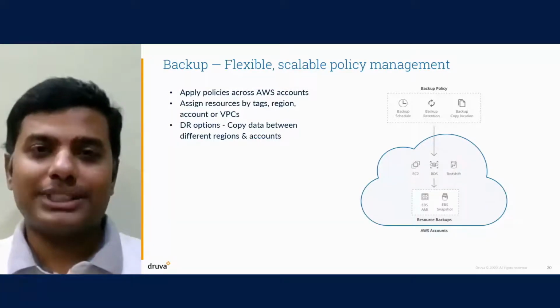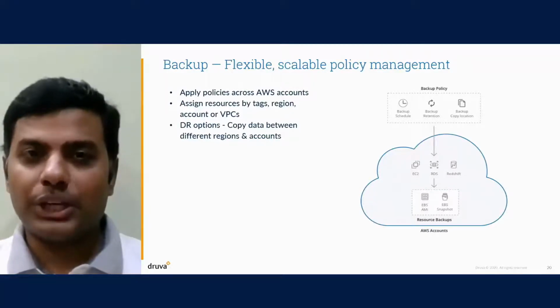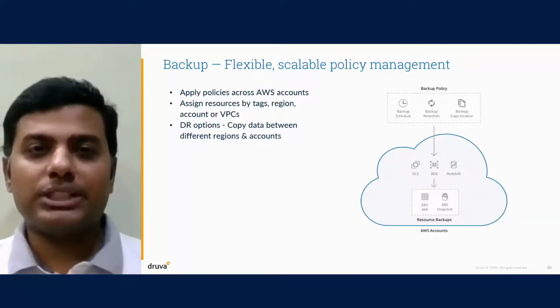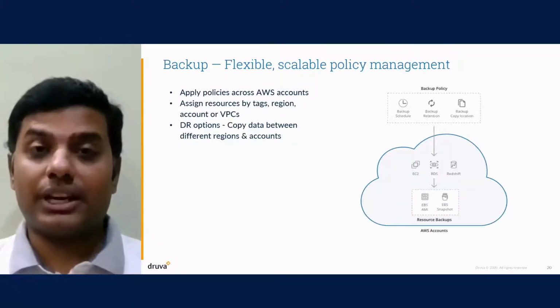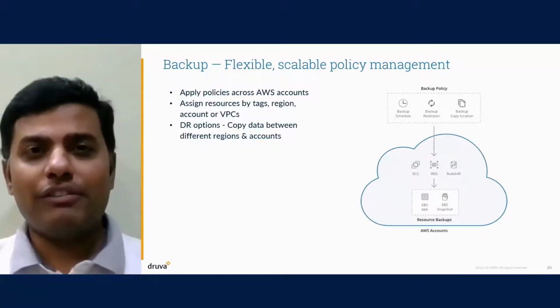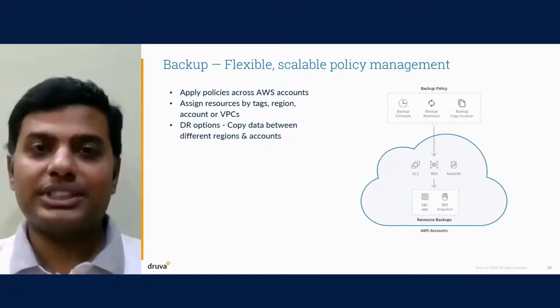Sitting along with this policy is the ability to pick your resources. We provide a unified way in which you can do that, where you can use a rule-based approach to say, protect all my AWS accounts that I have. I'm only interested in databases like RDS to be protected. Or for that matter, you could use AWS tags if that's something you have in your environment.